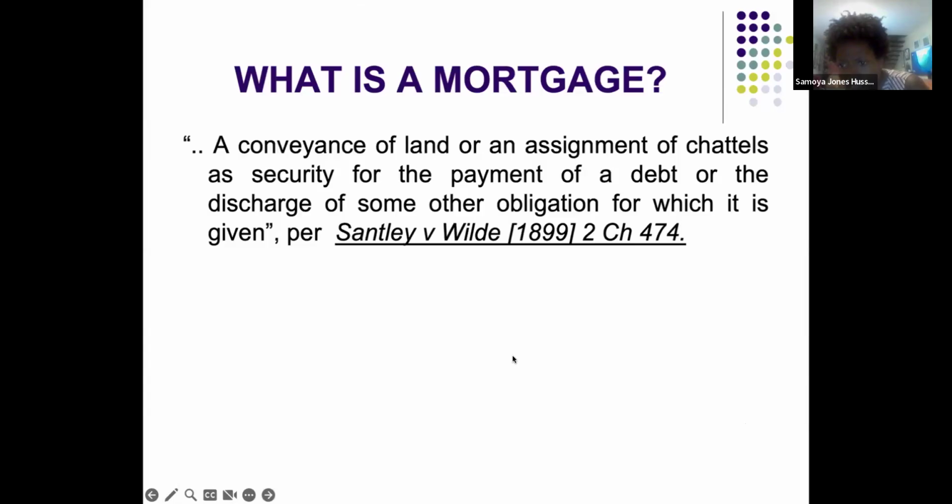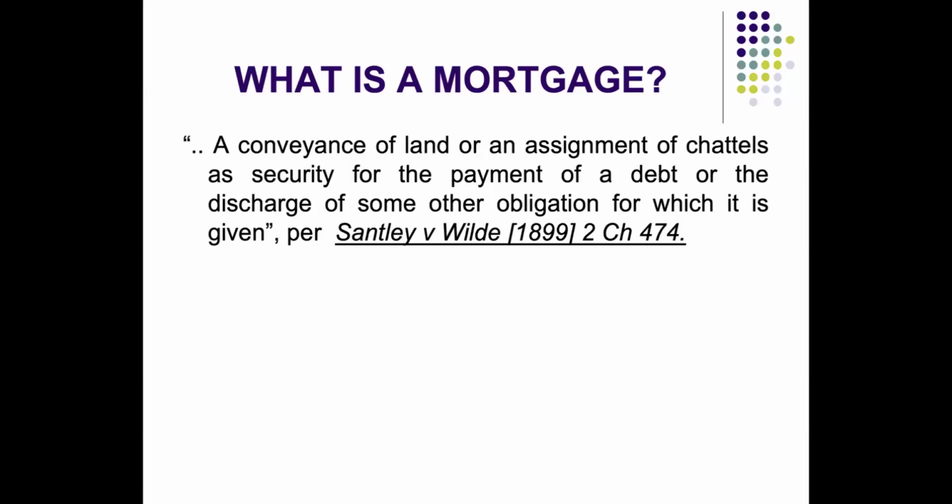Jada, Tishay, what exactly is your understanding? I understand that it's basically saying that your house or your land is going to serve the role as a collateral, and whatever financial institution you borrow the money from is going to take back your home as a collateral in the event that you cannot pay the debt.